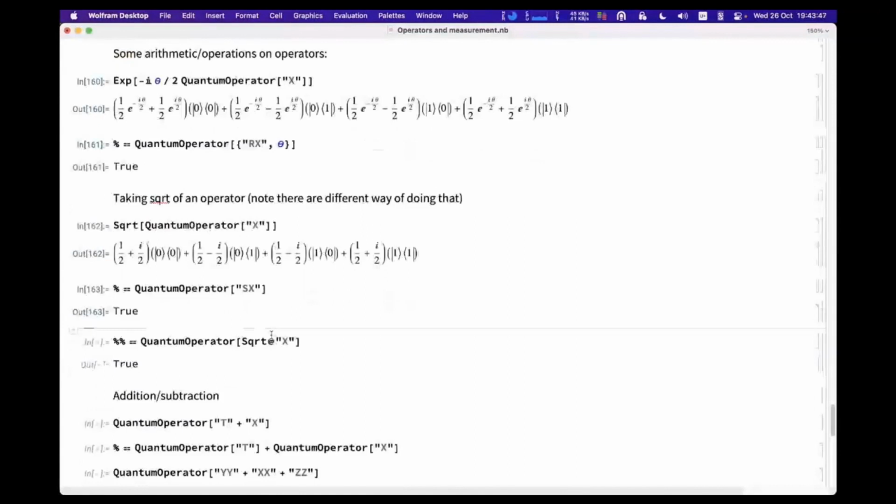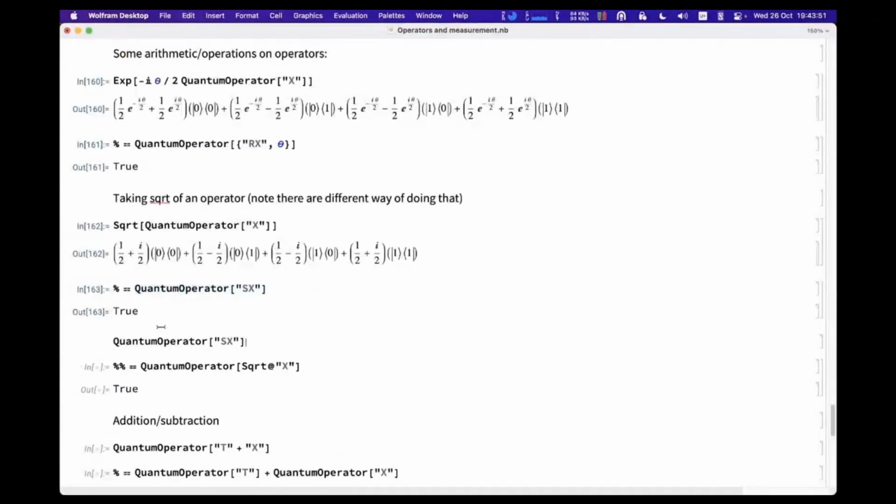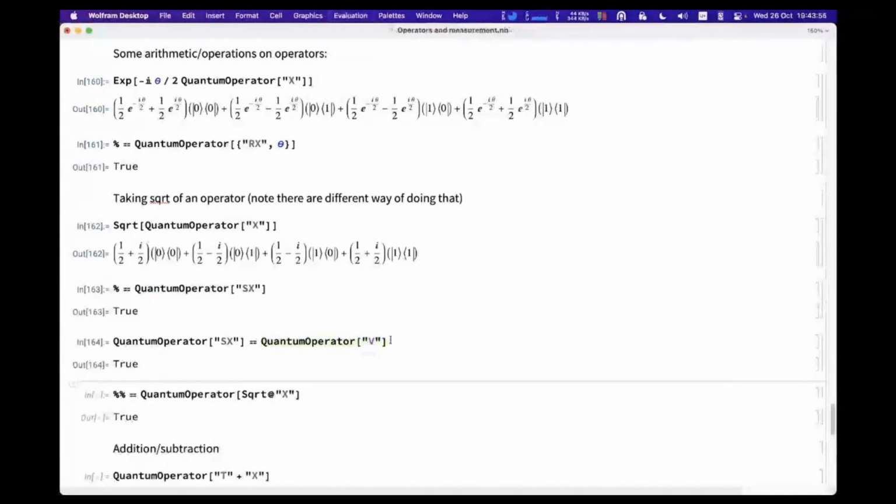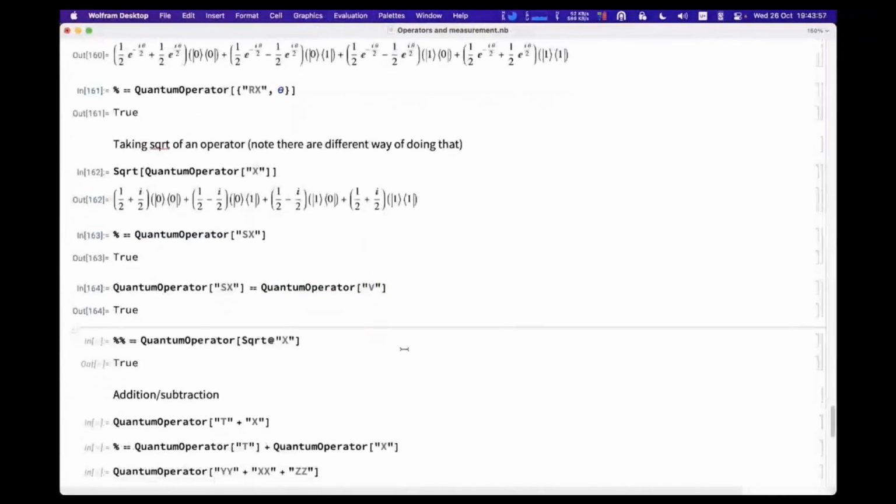V represents the same operator, because that's another common notation people use in the literature for the square root of NOT, or you can add it to the name of that operator. So these things are all the same. Which one you use depends on how readable you want your code to be.